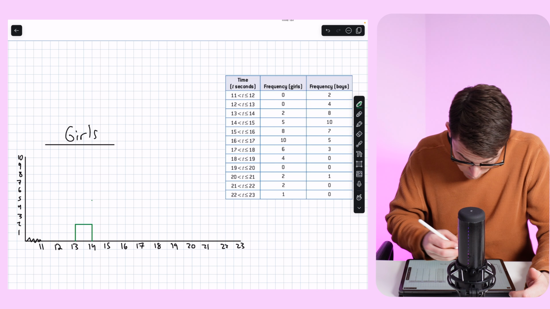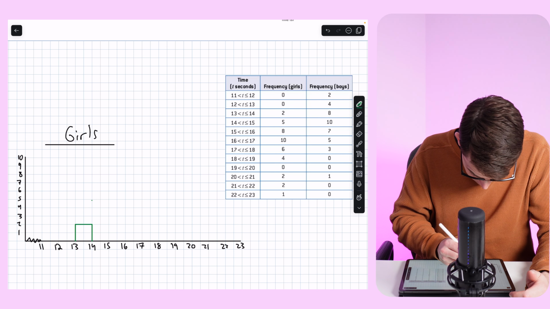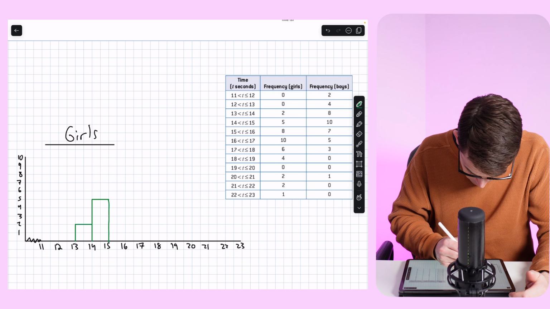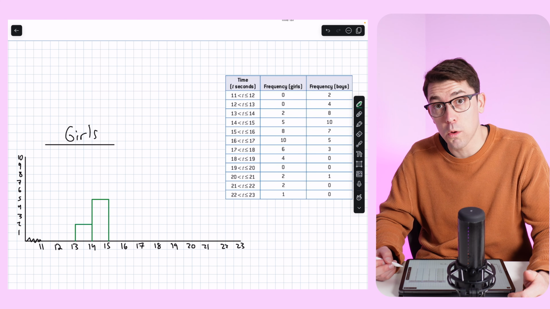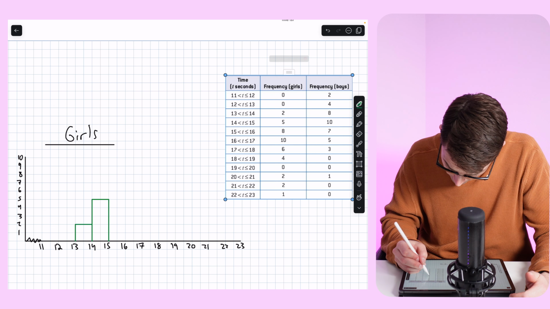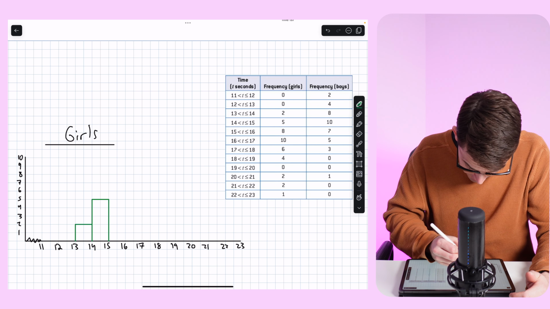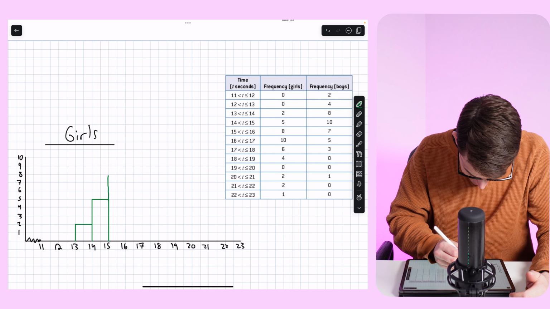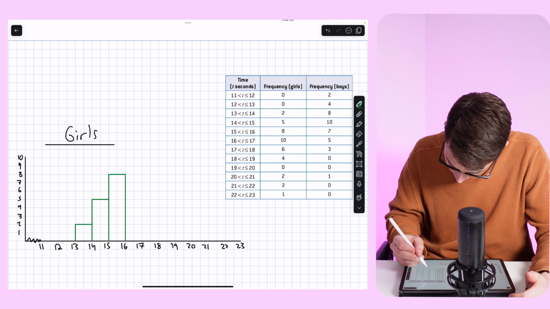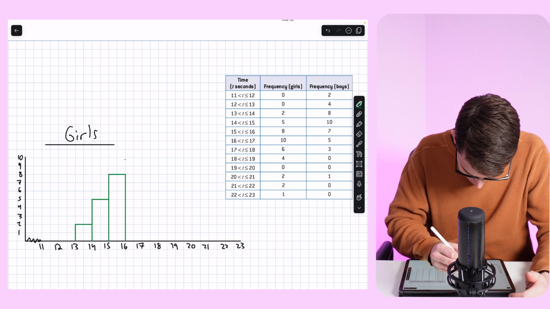Then we have 5 between 14 and 15, so I would go up to 5 here to 15. And if you were doing this in your notebook, you're absolutely going to need a ruler. There's no way around that. Then I have 8 between 15 and 16. I have 10 at 16 to 17.